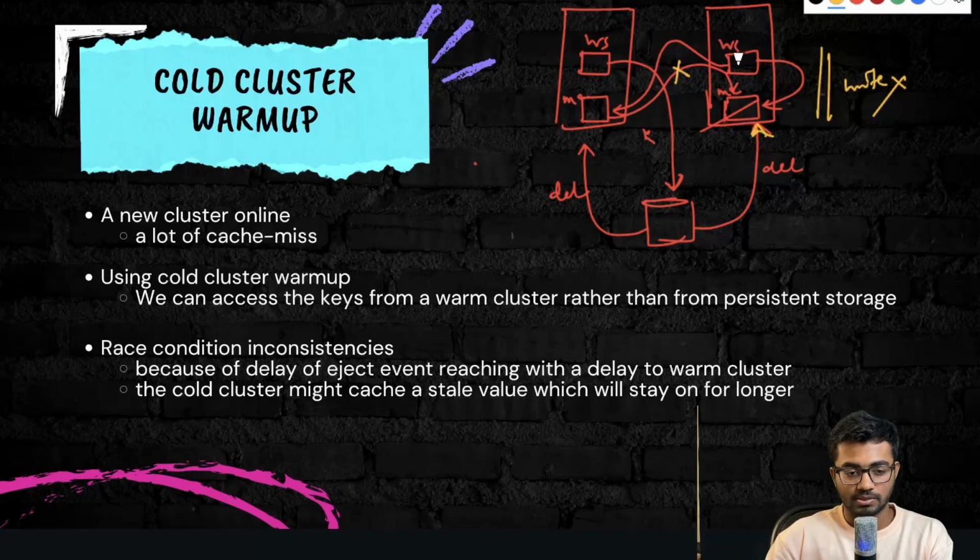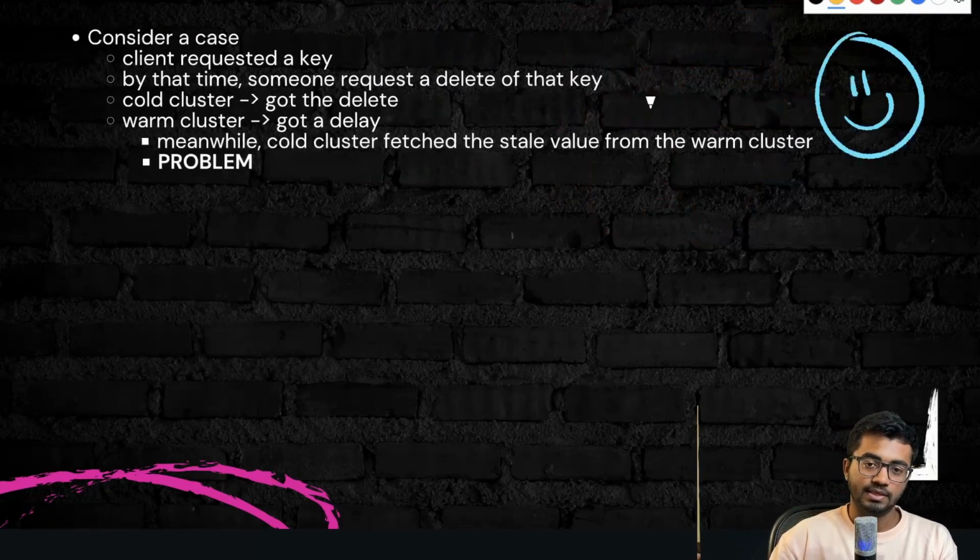And whenever the next request comes in, it will try to fetch the key from the warm cluster. In this case, it will have the updated data because it will fetch it from the database, and so on and so forth. And then it will have the correct data. So this is a way to say that the race condition inconsistency can be avoided.